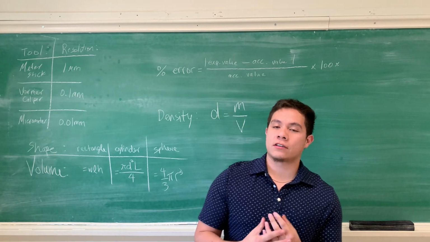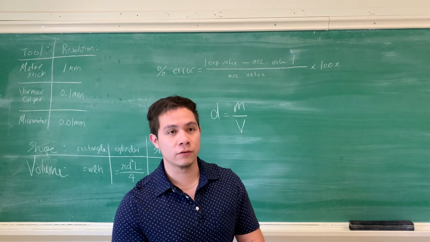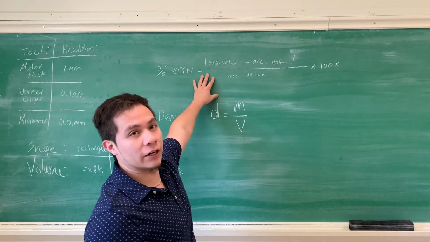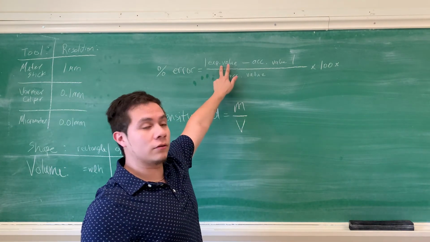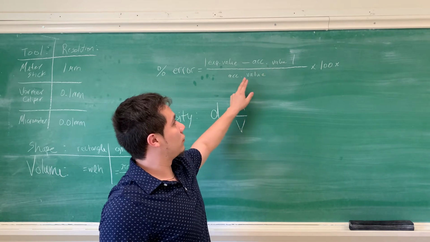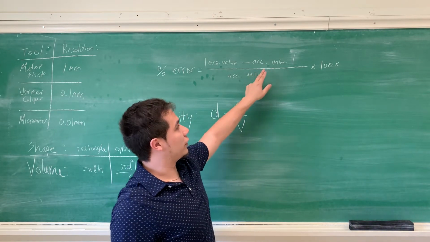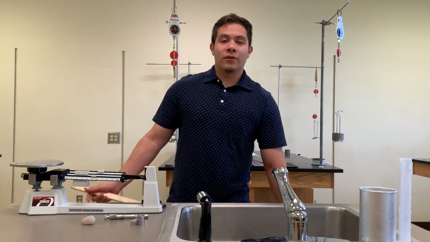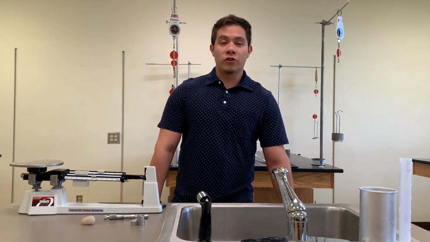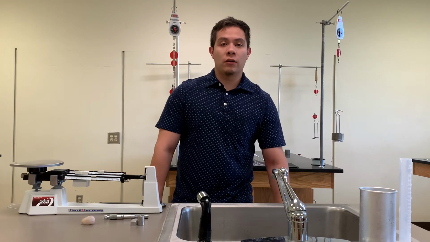These accepted values can be compared to your experimental value by this percent error calculation: your experimental value, then your accepted value here and here, and then you multiply by 100%.